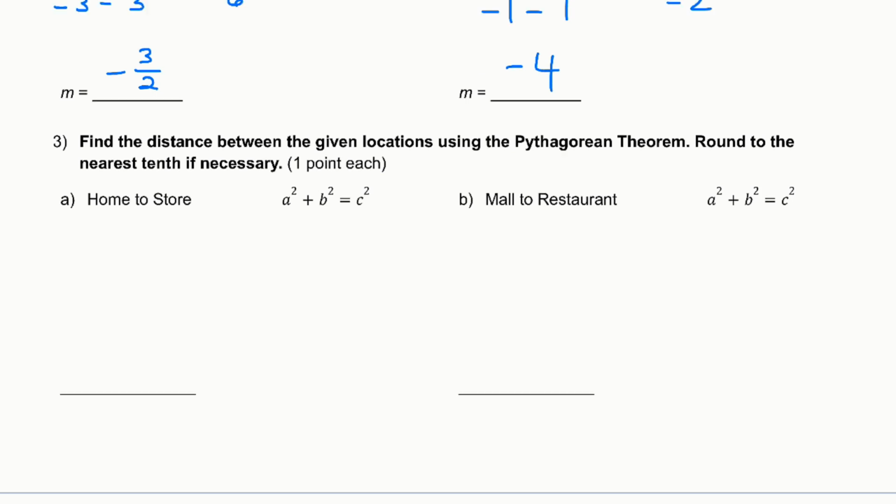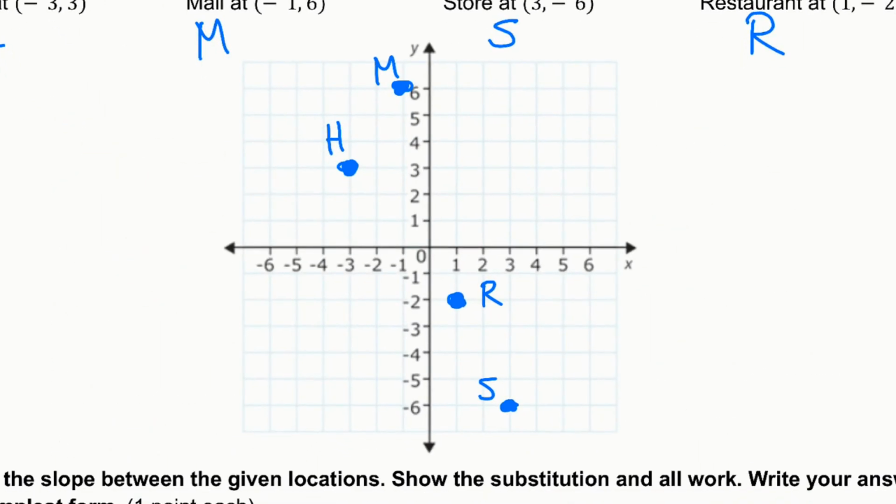So we want to find the home to the store. So that would be from here to here. I know it's not completely straight. That's okay. So we've got this, and we are finding this distance right here.